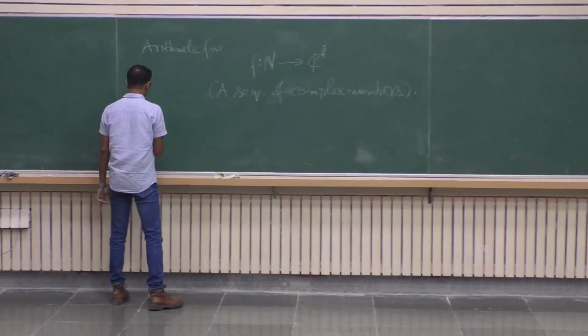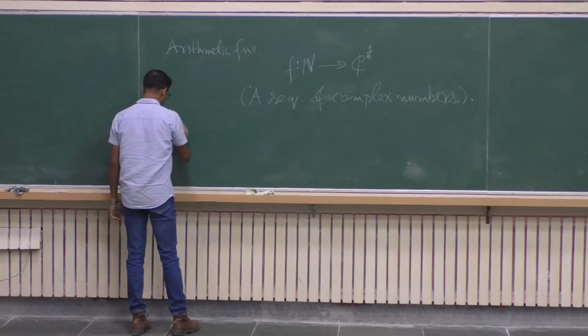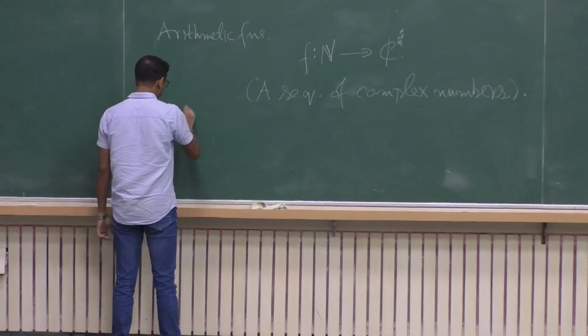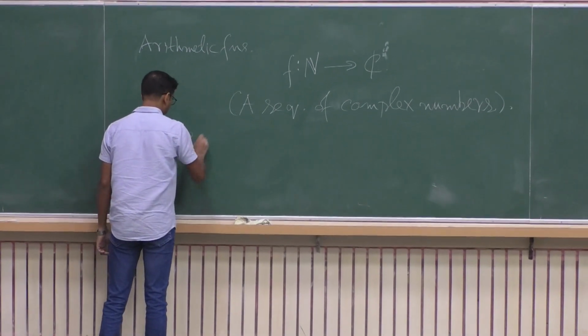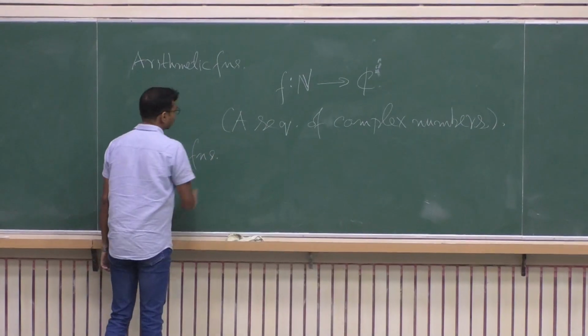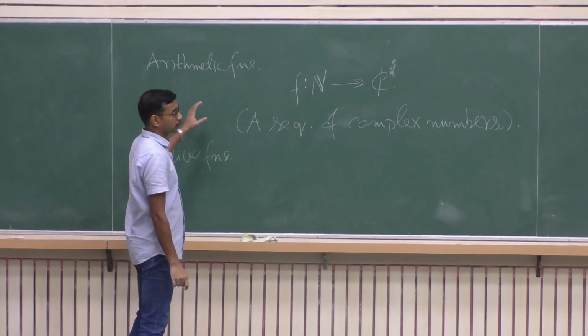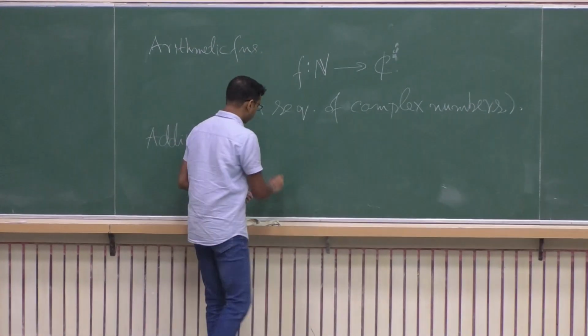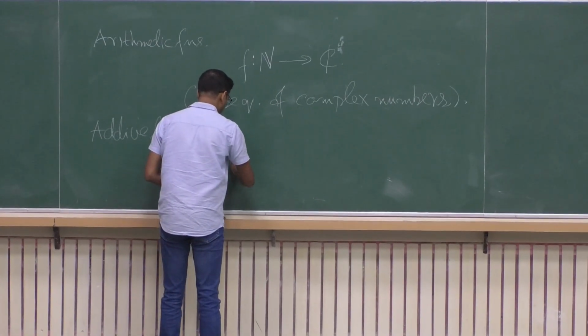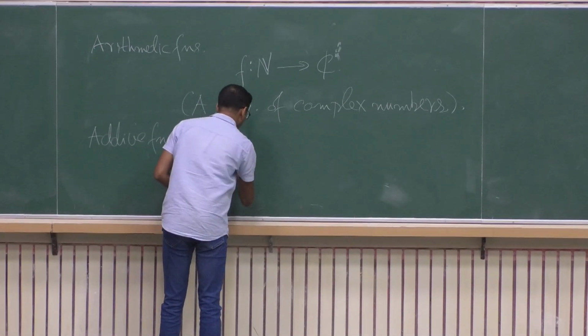So, then additive functions are those of the form f of mn equals f of m plus f of n, for coprime m and n.